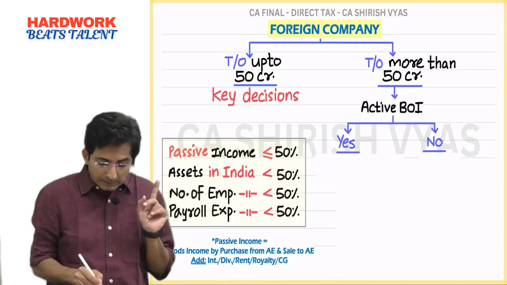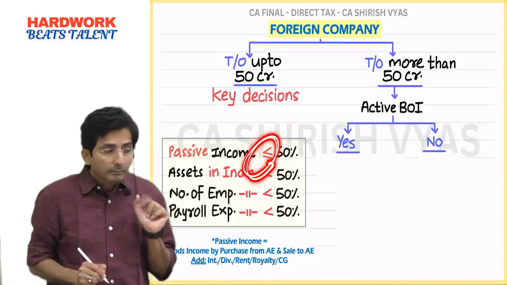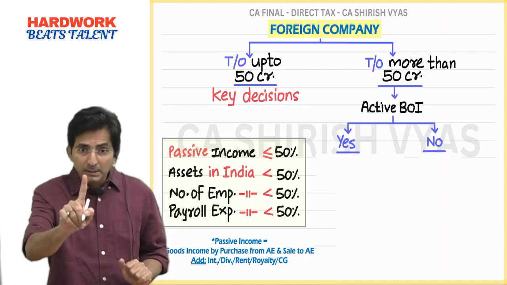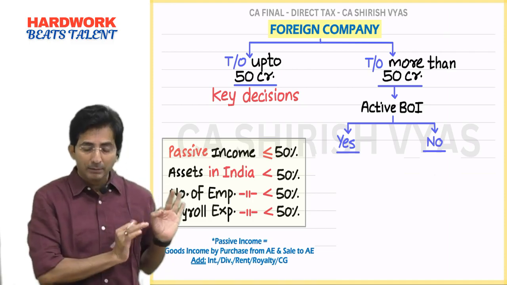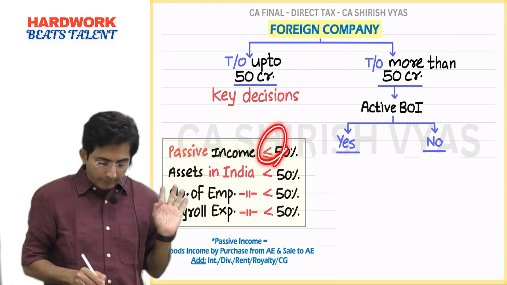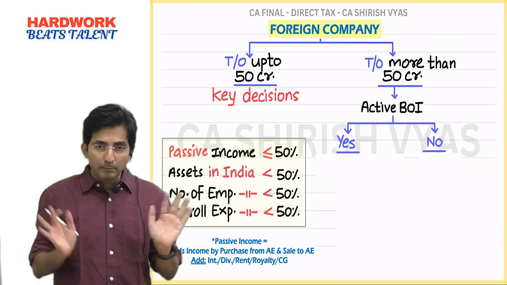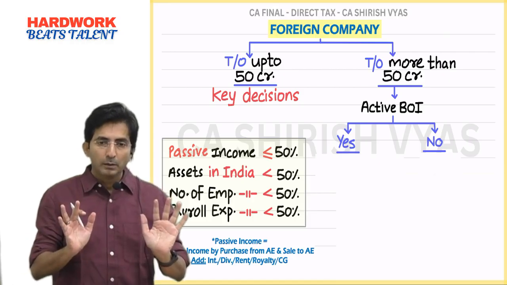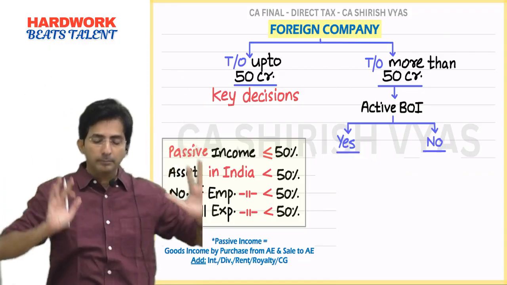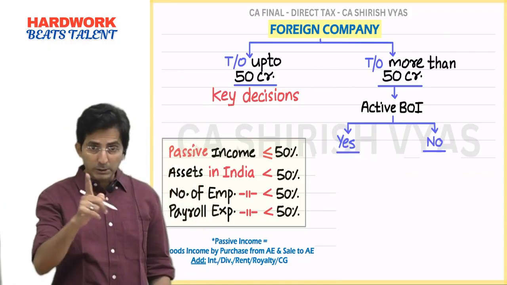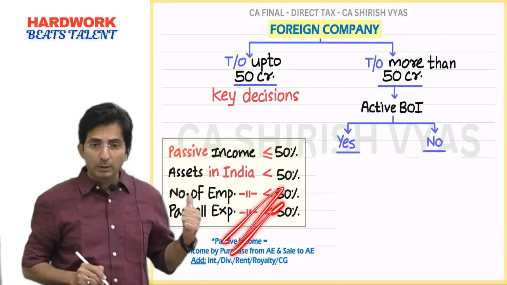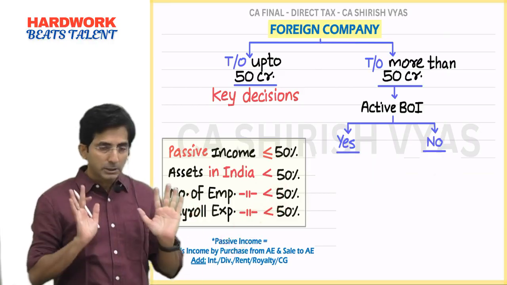See here there is less than plus equal to also. It is not a printing mistake. I have given it purely as per the Act. Here it's less than or equal to, everywhere else it is the less than sign. So your passive income total should be less than or equal to 50% of the total income. See, there is one question also in our book where you will use this knowledge. Till that time, just remember the provisions.